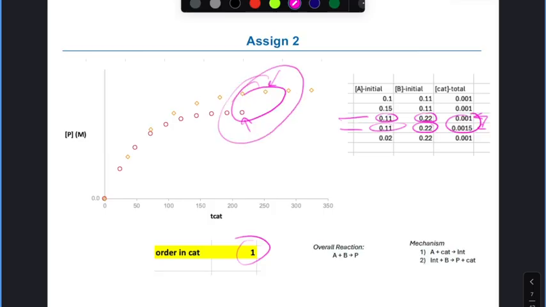It does mean that at least initially, it is first order in catalyst. When the two guys start off, this is probably a first order system. The deviation you're seeing is just that when I have lower catalyst, like in this experiment here, I'm just not getting as far.